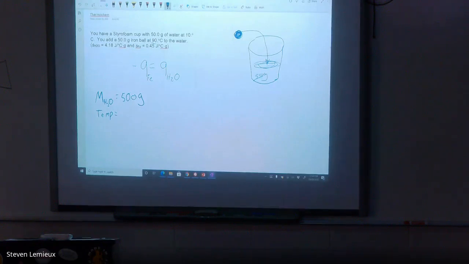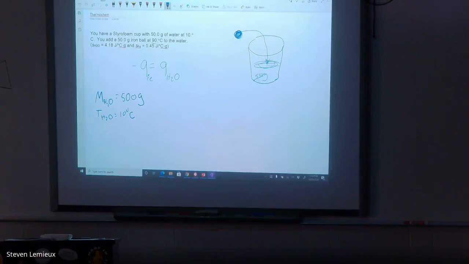The initial temperature of the water is 10 degrees Celsius. Now, we don't need to do Kelvin for these. These are the only problems that you don't need to convert to Kelvin, because we're doing change in temperature. So change in temperature in Celsius is the same as change in temperature in Kelvin.